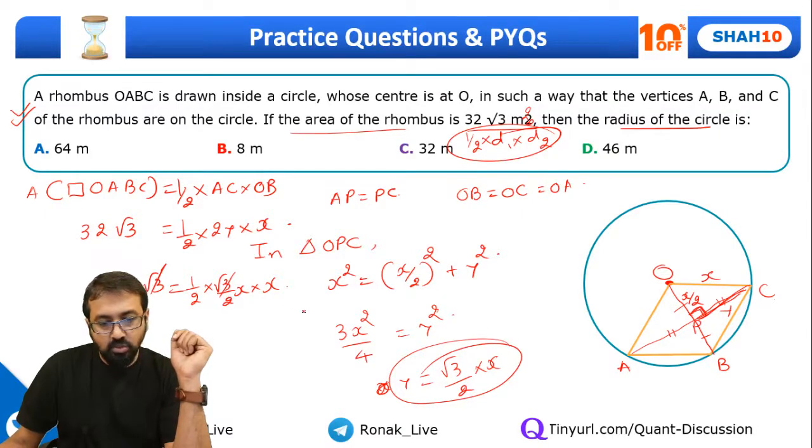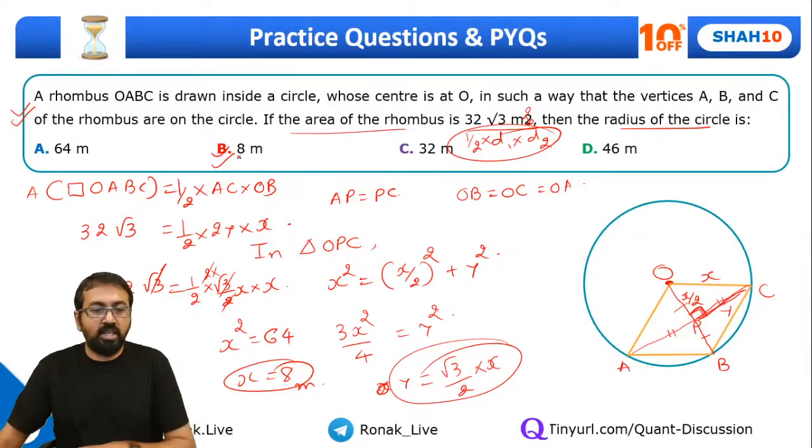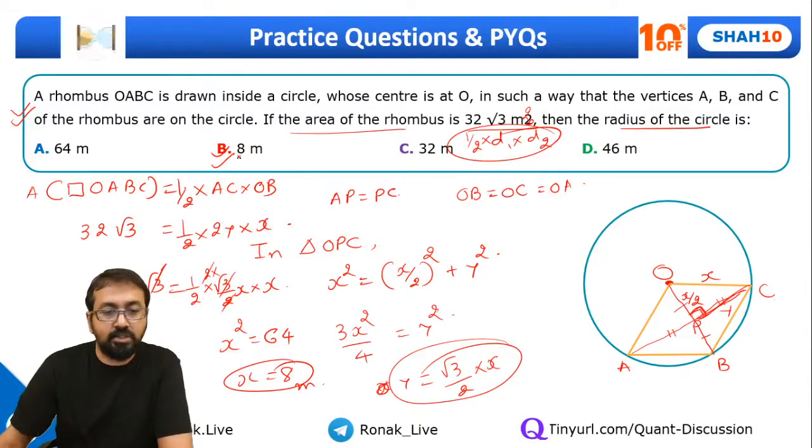And this is 2 times of y, so we forgot to multiply 2, so this 2 will get cancelled off. So ultimately we'll get x square equal to 64, or x will come out to be 8 meter. Very simple, right? Okay, so this is the radius of the circle, 8 meter, option B.